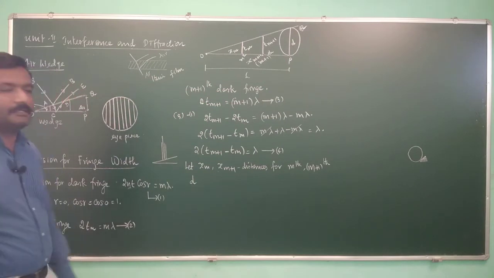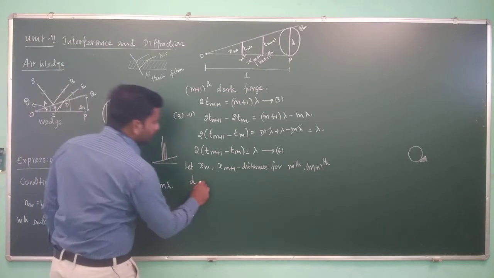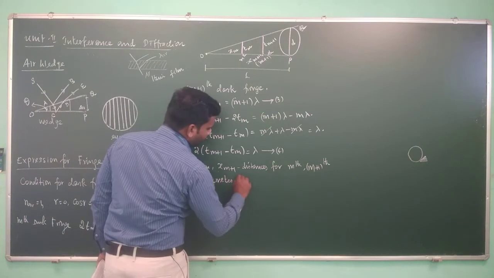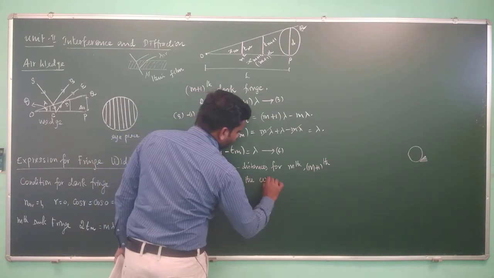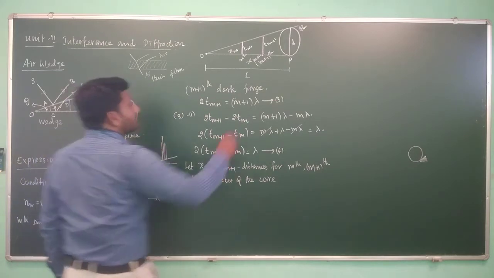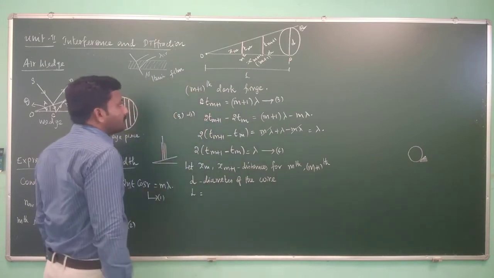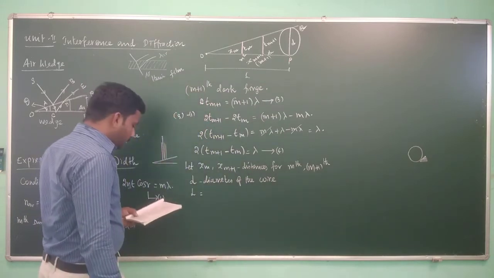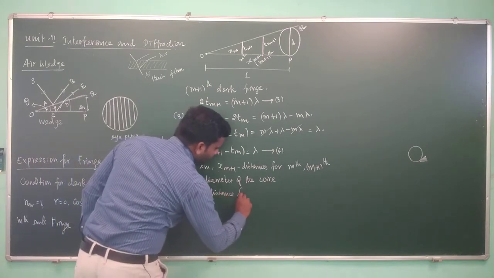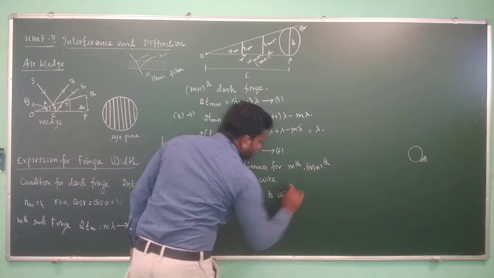It could be a very tiny, very small diameter wire. Let's say this is the diameter of the wire that we have placed there, and L is the distance from O to the point where we have placed the wire. So this is the distance from O to wire.